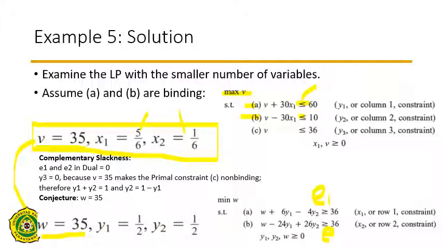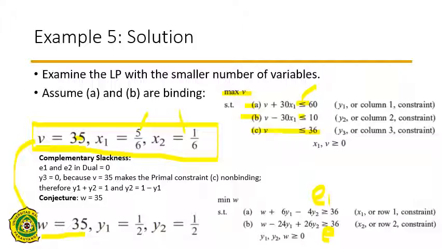Okay, so that's the first thing that we know based on complementary slackness. And then the other thing is that because v equals 35 in the primal problem, this constraint is non-binding. In other words, we have slack for this constraint.